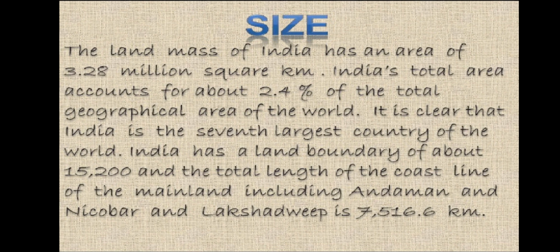After that we studied about the size of the Indian subcontinent, that is 3.28 million square kilometer, which is about 2.4% of the total geographical area of the world. It has a land boundary of almost 15,200 kilometers, and total length of the coastline of the mainland including Andaman, Nicobar and Lakshadweep Island is 7,516.6 kilometers.